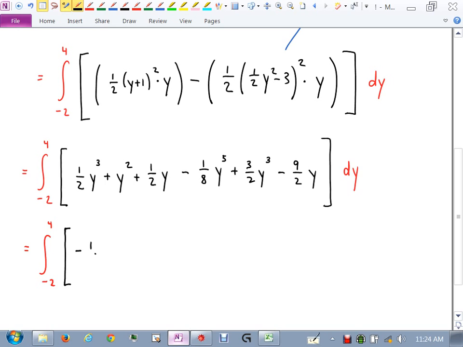I have -1/8 y to the 5th. See, cubes, I got 1/2 y cubed and 3/2 y cubed, so that's 2y cubed. Squares, I only have 1 y squared, so plus y squared. And then minus 4y dy.